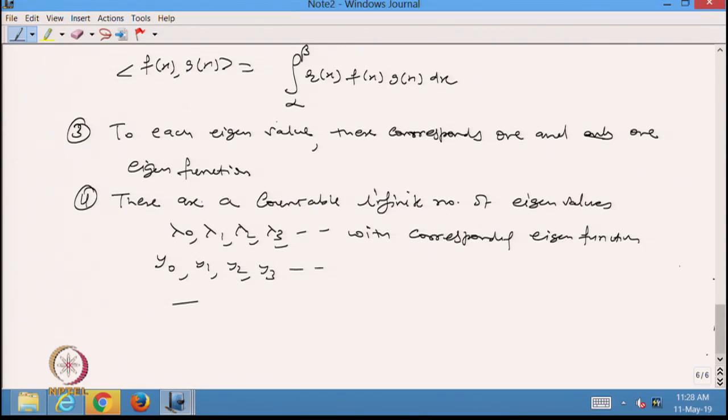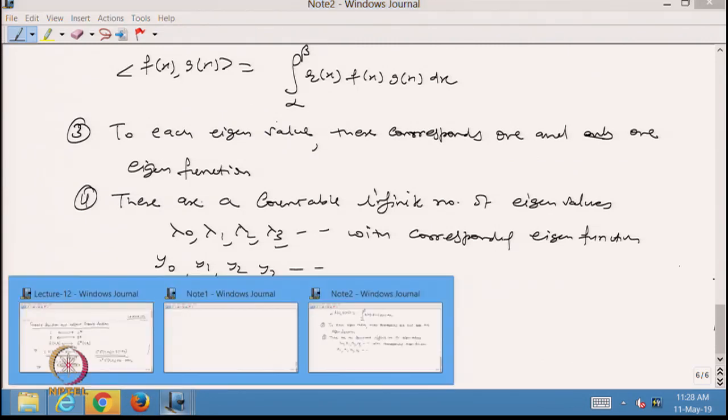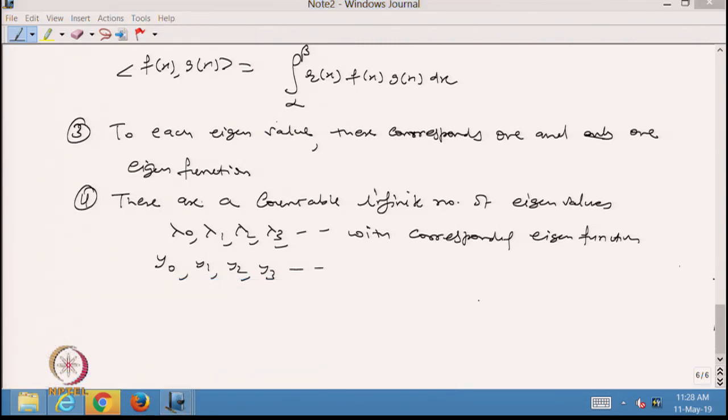Because all the eigenvalues are real, we can define the ordering: lambda 0 is less than lambda 1, less than lambda 2, less than lambda 3 and so on.